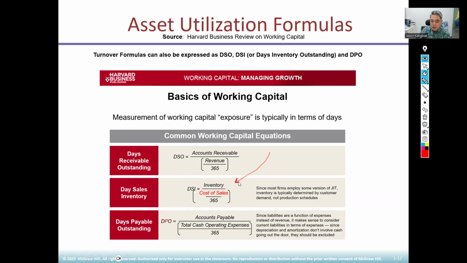So inventory divided by cost of sales divided by 365, basically converting it to daily. Your numerator is the balance sheet, your denominator will be the daily rate of the cost of sales. It will tell you how fast your inventory is moving. If it's 30 days, it means that every 30 days, you completely wipe out and sell all of your inventory, and then you receive another shipment from your vendor.